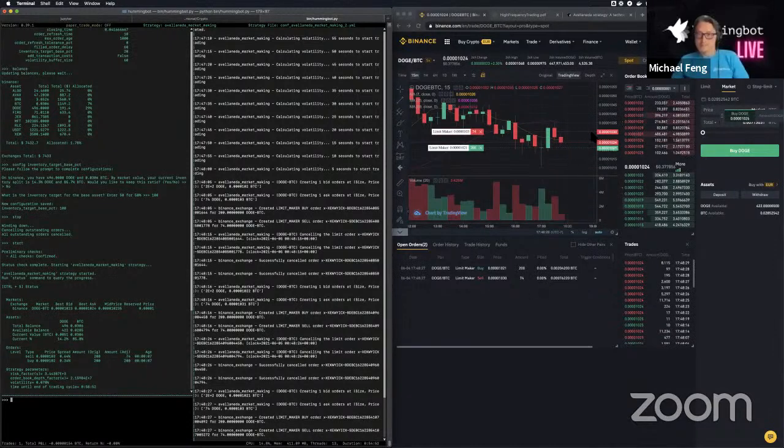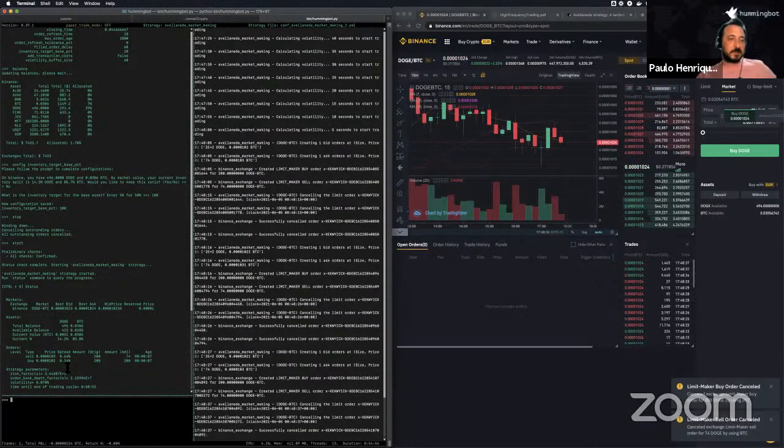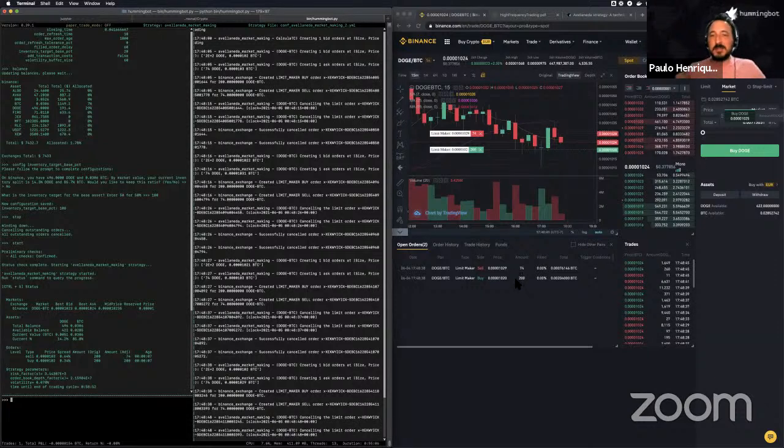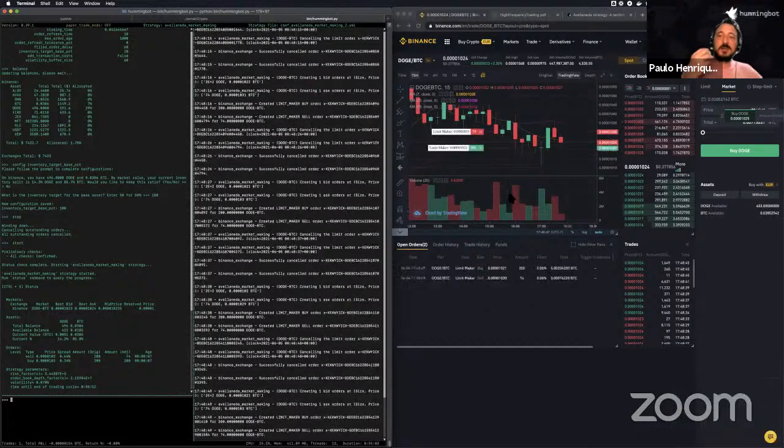You can see on the bot 0.3 on the buy side, 0.6 on the sell. So that means that you are more likely to buy than to sell in this situation. Over time, what is expected is that your Doge inventory is going to increase.